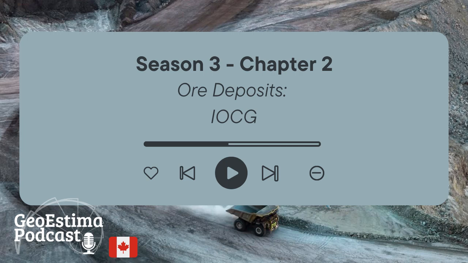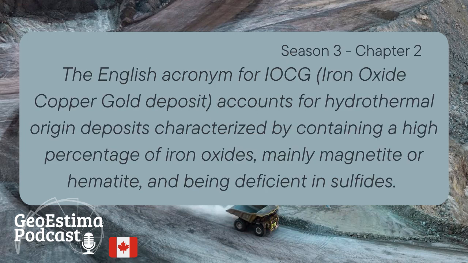The English acronym IOCG, iron oxide copper gold deposits, accounts for hydrothermal origin deposits, characterized by containing a high percentage of iron oxides, mainly magnetite or hematite, and being deficient in sulfides.